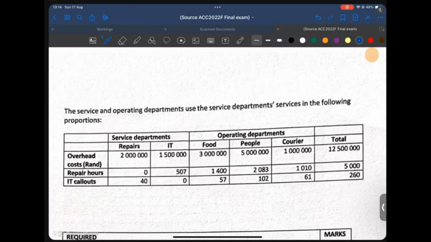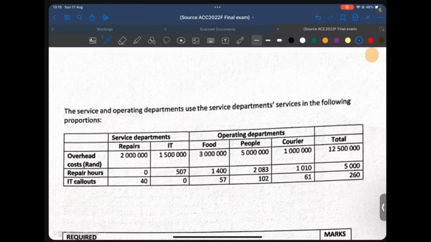But once we start saying, if you use the service of the IT department, we're going to track that usage and allocate some of the cost of the IT department to your department, the manager in the food department or any of the operating departments is going to say, we need to be careful how we use the service departments, because the more we use them, the more we take on some of their costs, and that's going to decrease the profit that we make, meaning we might not get bonuses because our profit is going to be lower.